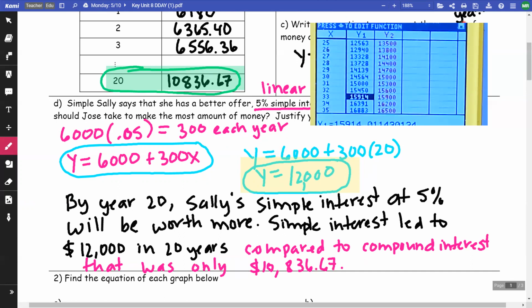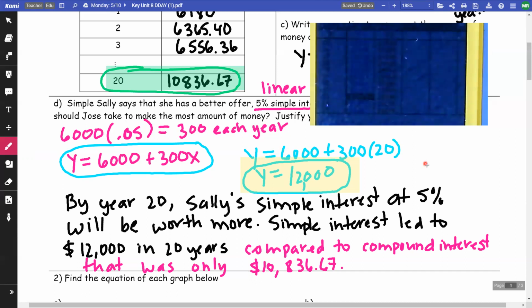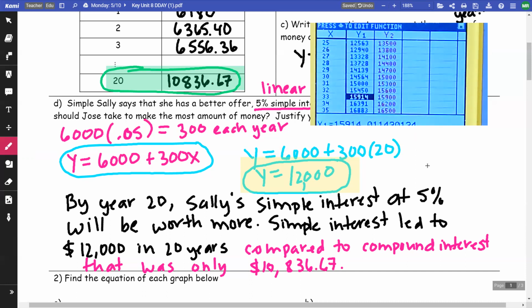Okay. And again, at year 33, the simple interest is going to become less at year 33 than the compound.